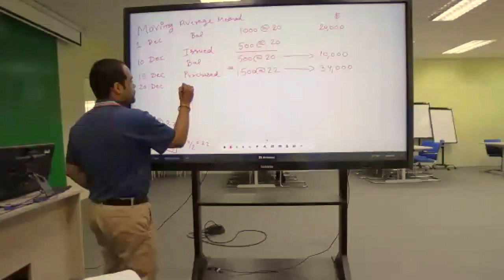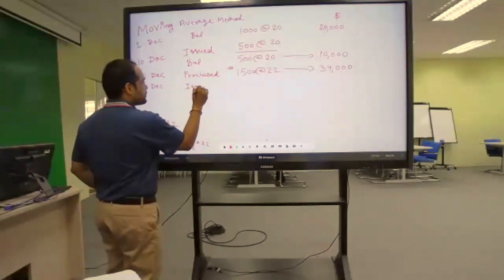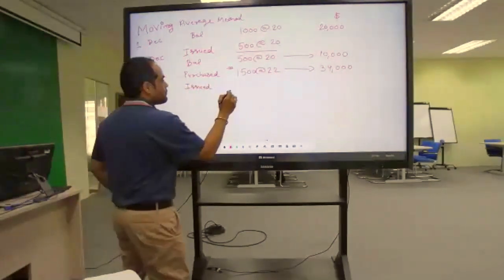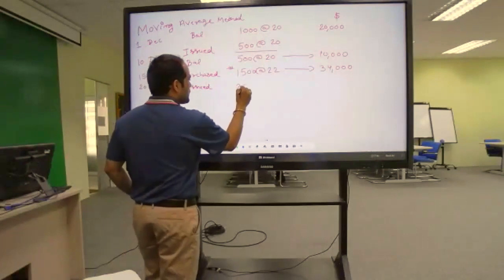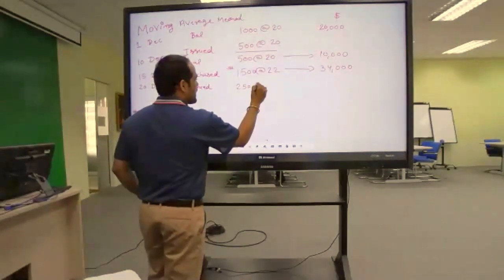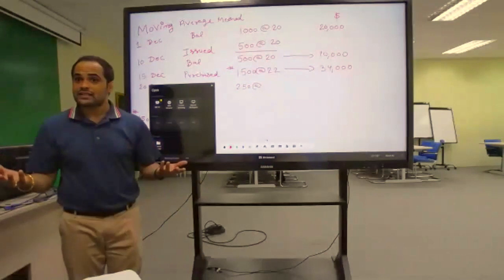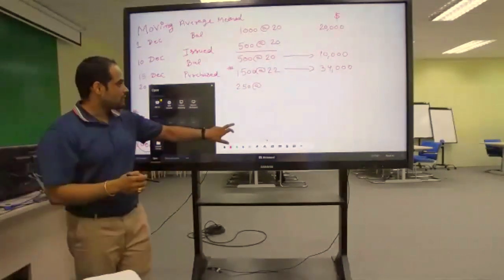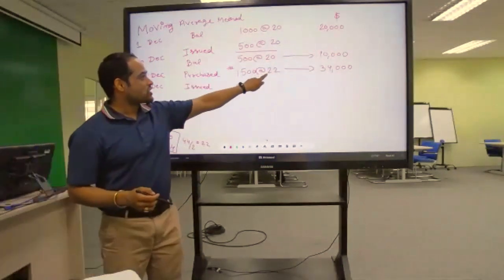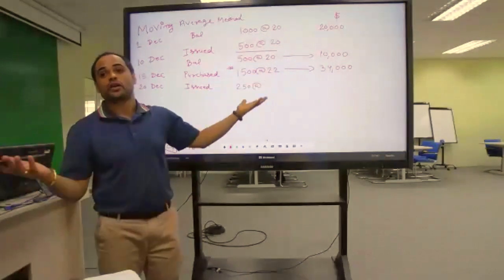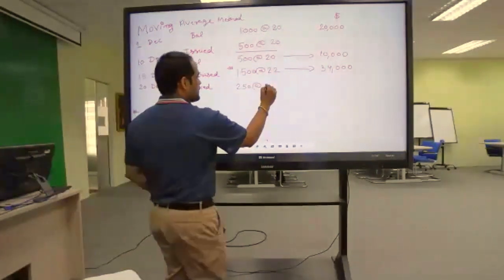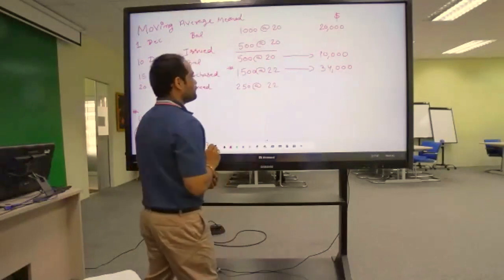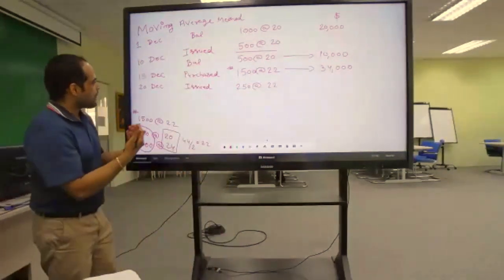All right, so we issued 250 pounds. At what price? Of course, at average price, 22. All right.